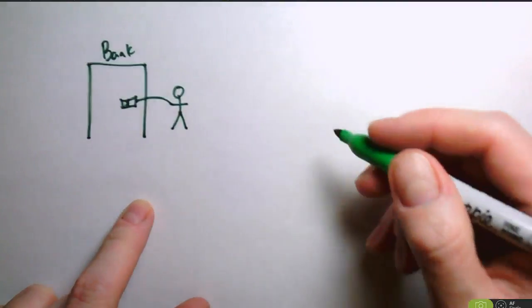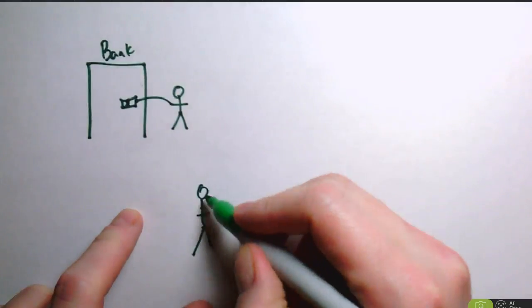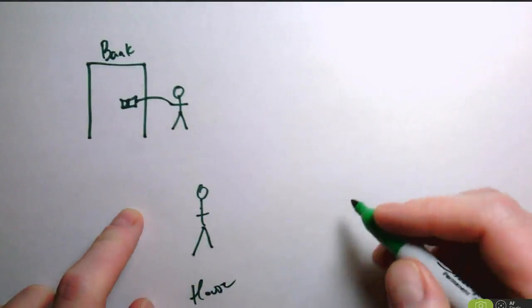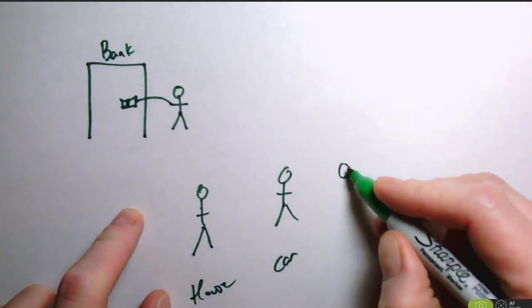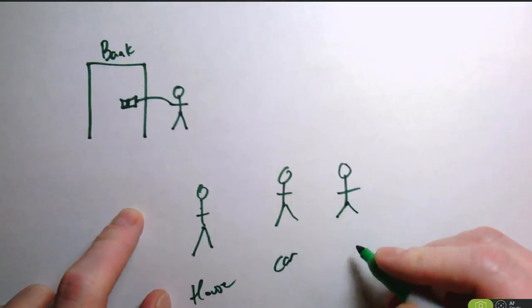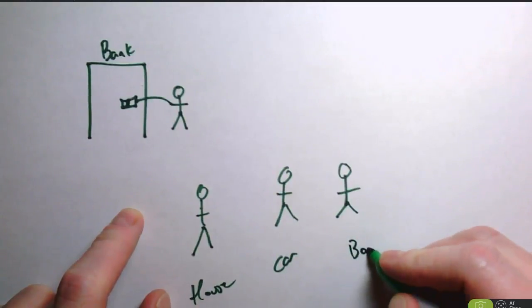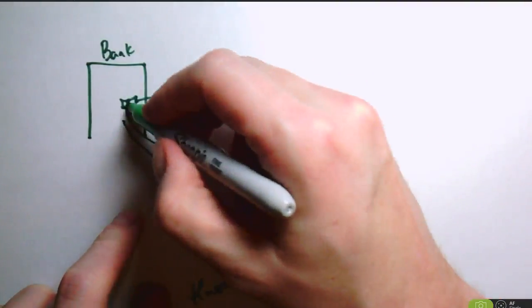And then the bank says, okay, there are three people over here. This person wants to buy a house. This person wants to buy a car. This person is going to buy a boat. What the bank does is it then loans some of your money out to them.